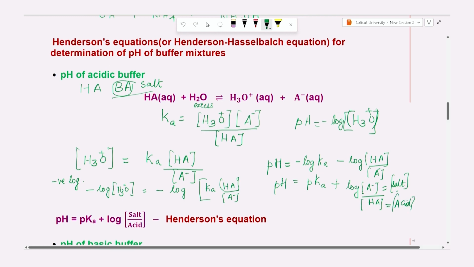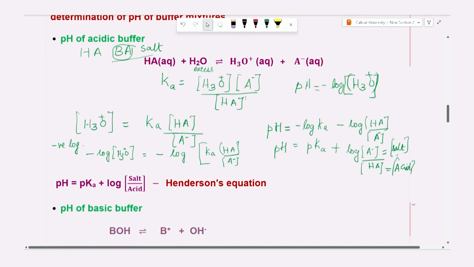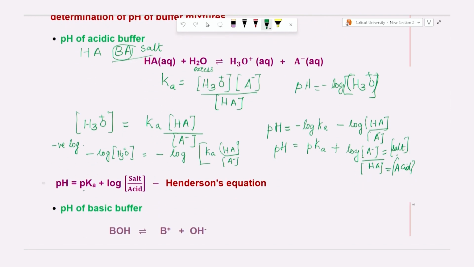In that case, the expression can be written as pH is equal to pKa plus, instead of A minus, I can put the concentration of the salt divided by the concentration of the acid. And this expression is known as Henderson's equation.